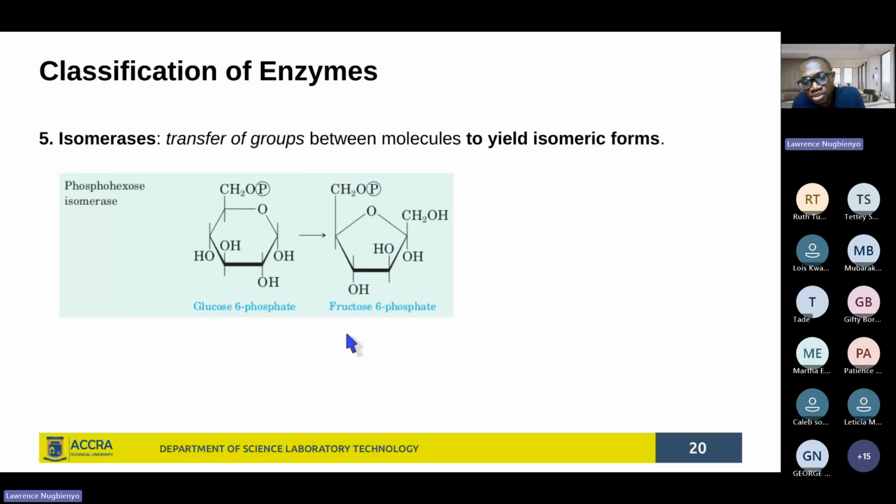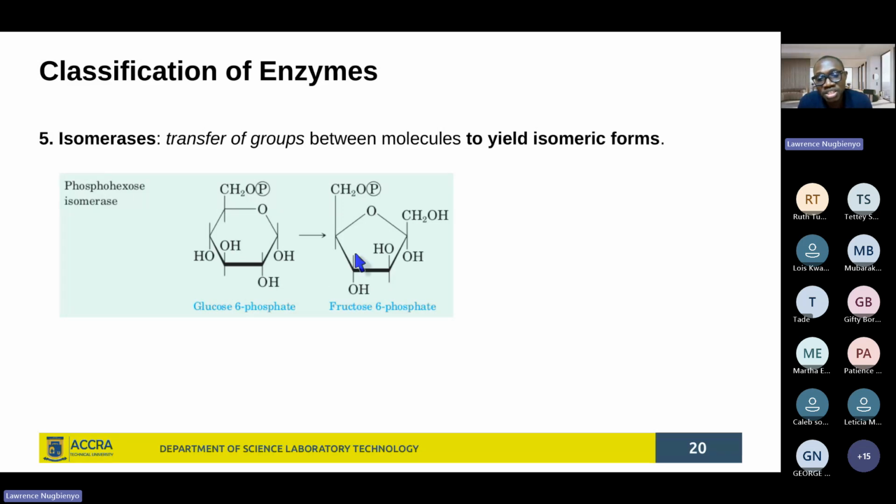Now, isomerases. This one too is easy from the word isomers. And what are isomers? Compounds that have the same chemical formula, but different chemical structures. So you see, glucose 6-phosphate converted to fructose 6-phosphate. These two compounds are isomers.